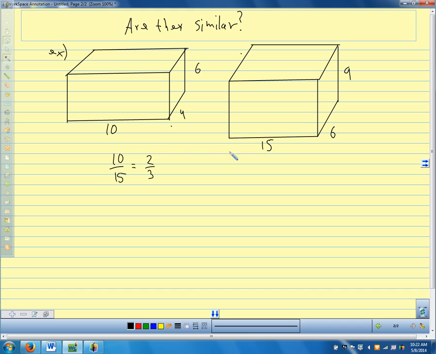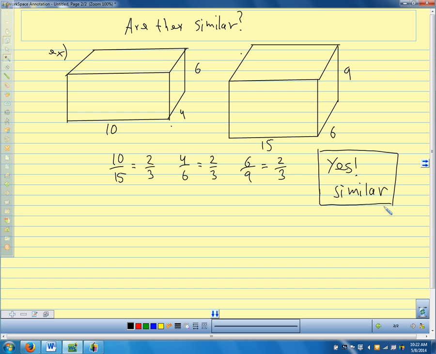That's the small side, so I get 4 over 6, and I divide by 2, and I get 2/3. And the last side, 6 over 9. Got to check all 3. I can divide by 3, and I get 2/3. They're all the same, so this would be yes. They are similar, because all the corresponding dimensions are proportional.